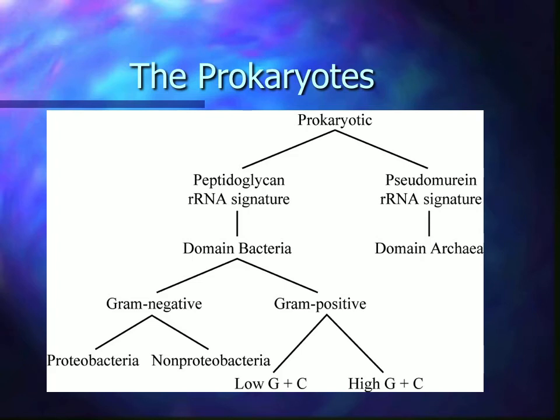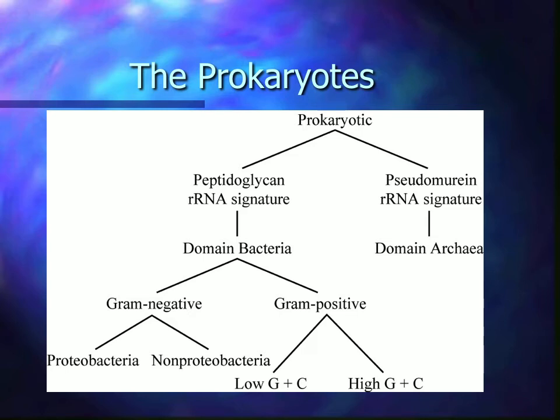When we talk about the different types of prokaryotes, the first thing to look for is the cell wall material, peptidoglycan or pseudopeptidoglycan, and then what type of ribosomal RNA you find. Those two things put you in archaea. Bacteria can also have some differences.